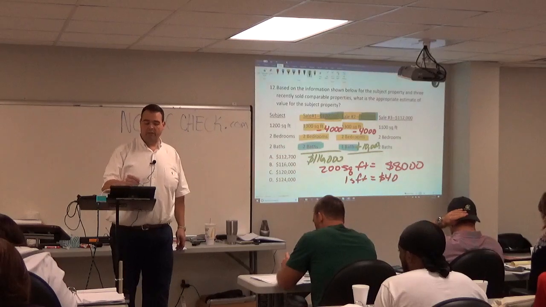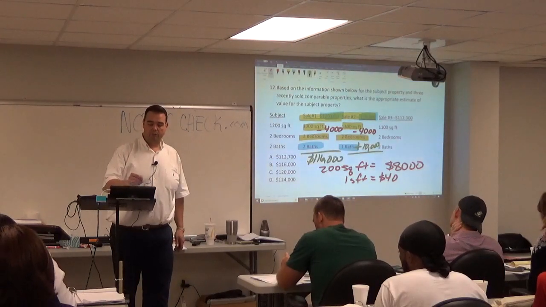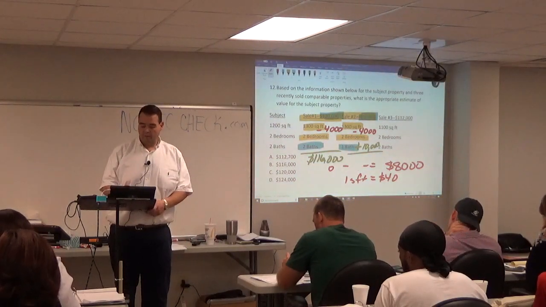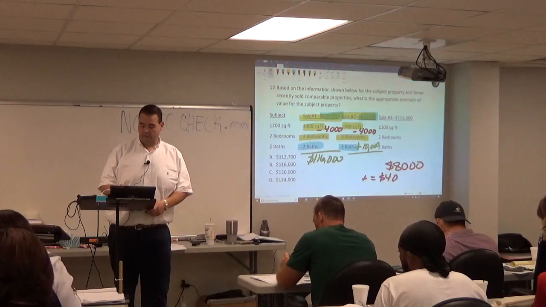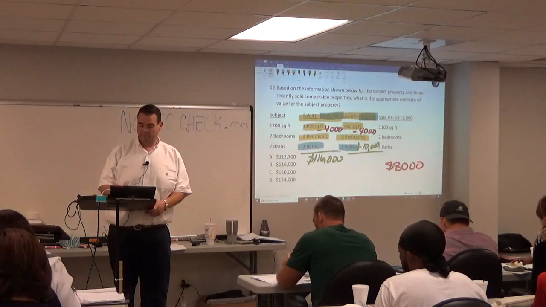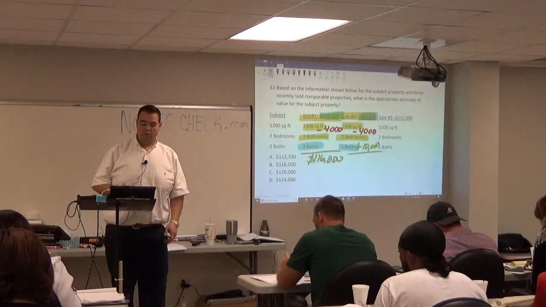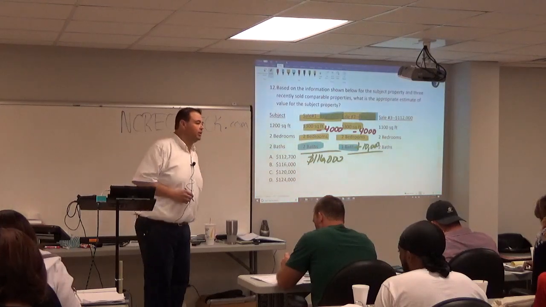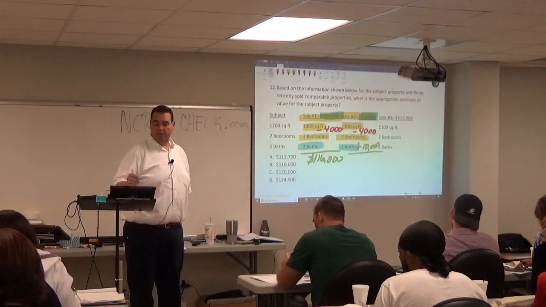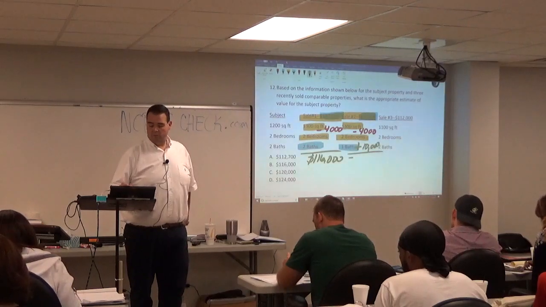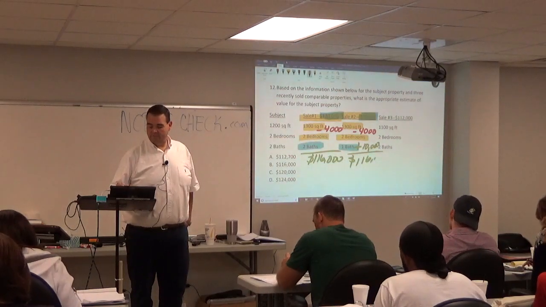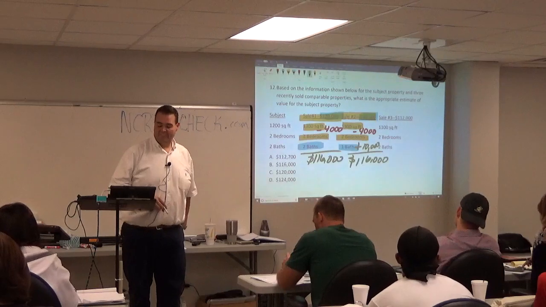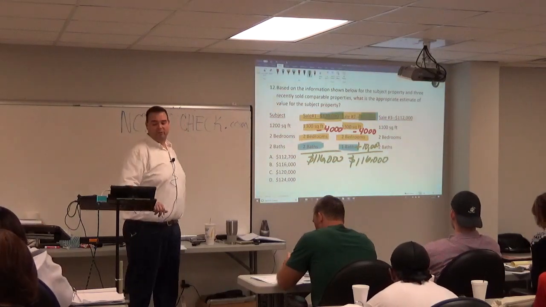Is that everything we need to come up with the value for comp number 2? Nope. Get it out of the way. So 110 minus 4,000 plus 10,000. What do we end up with? 160. You notice a trend here? We'll do number 3.